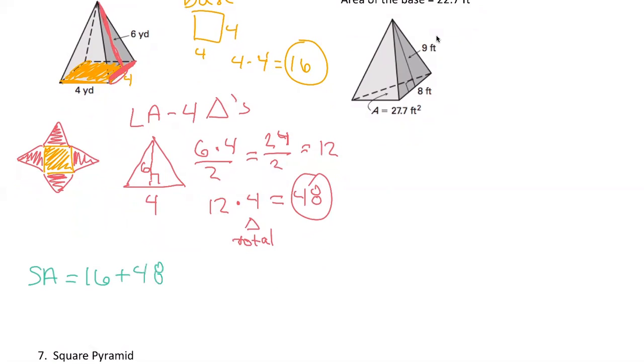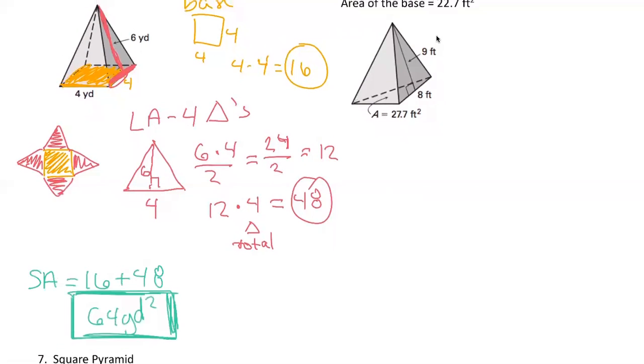The area of my base plus the area of all 4 of those triangle sides. When I add those together, I get 64 square yards. That's my final area right there, 64 square yards. Don't forget the squared part on your units, and always use units.